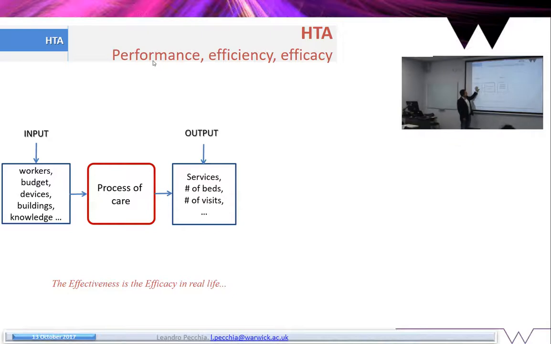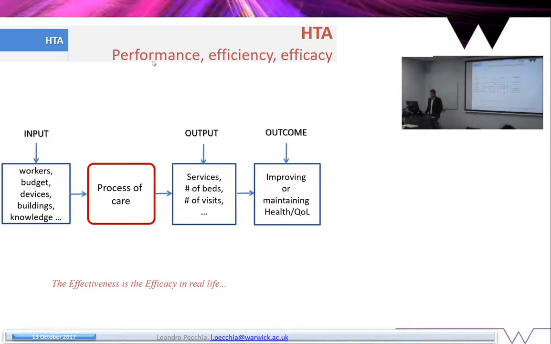We transform all those things, perhaps within a hospital, and we produce an output, which is, we are a hospital, number of beds, number of visits per day we can deliver, whatever, according to the level you are modeling, this is a possible output. But in healthcare, output is not the final point.